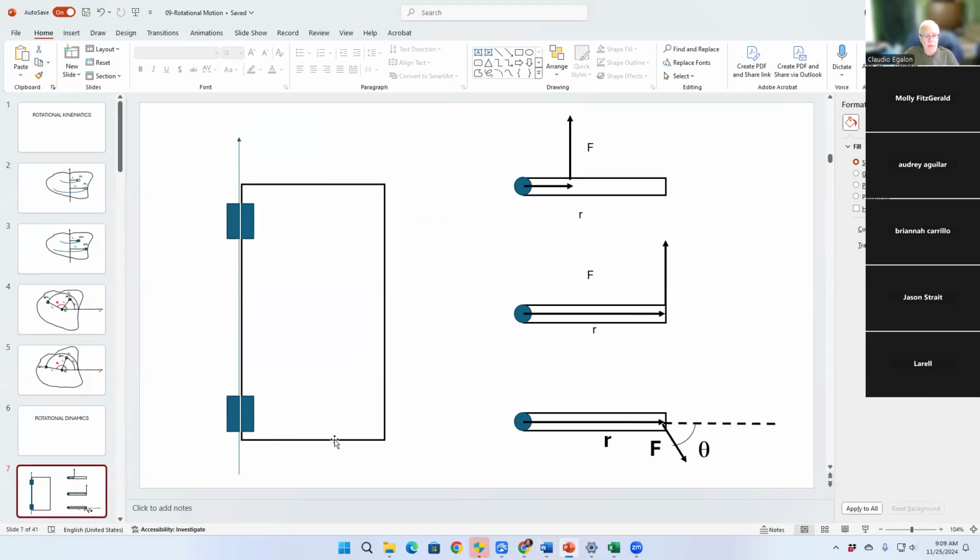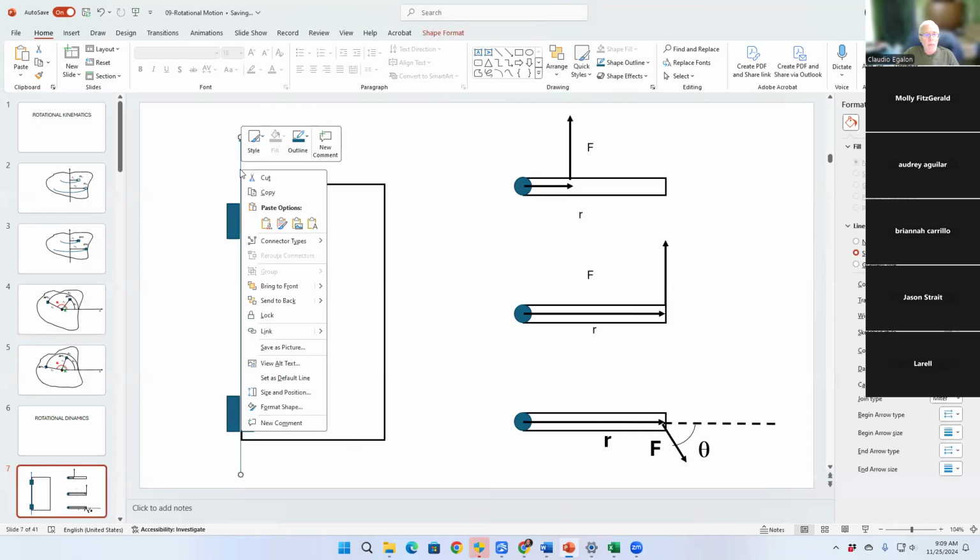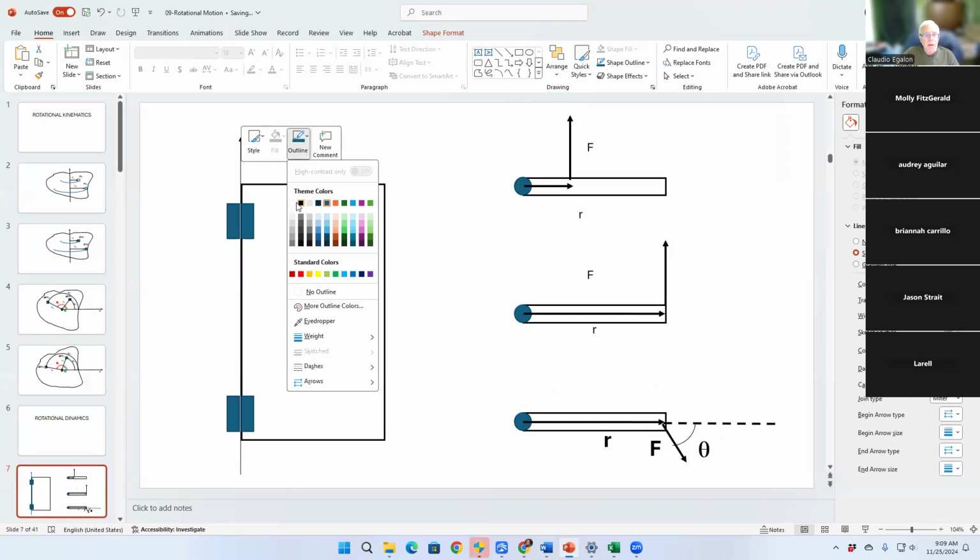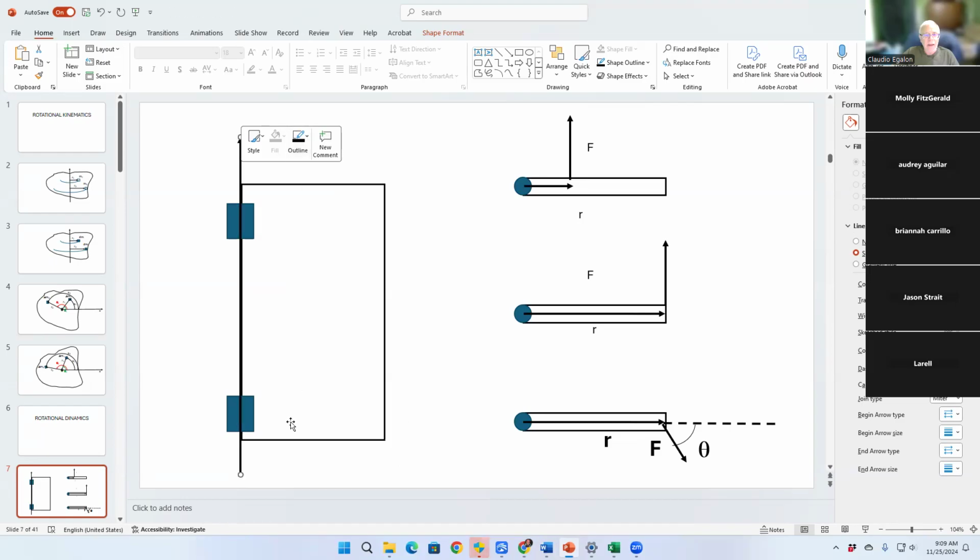Here we have the door, which is a rigid body, and it has an axis of rotation that passes through the hinges of the door. Here's the axis of rotation of my door. Looking from the top, you see the axis of rotation here, and the rigid body right in here.